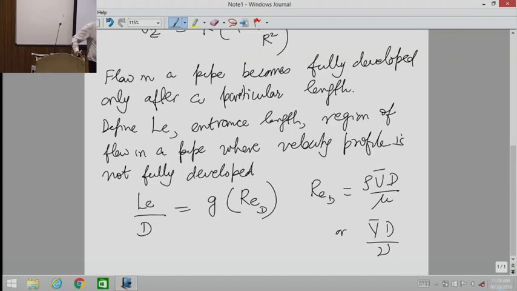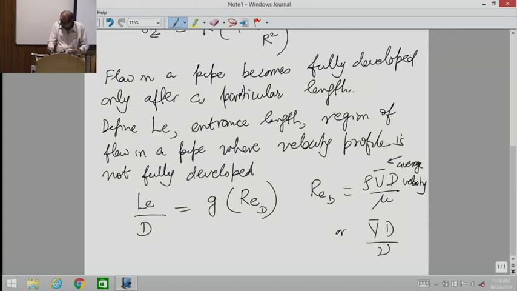One is dynamic, the other is kinematic. And V bar is the average velocity. So this is what we find.